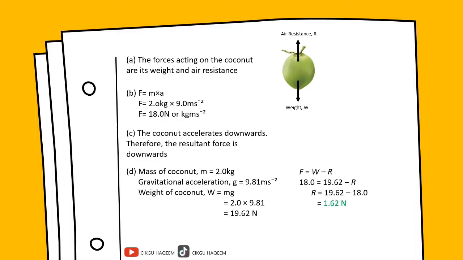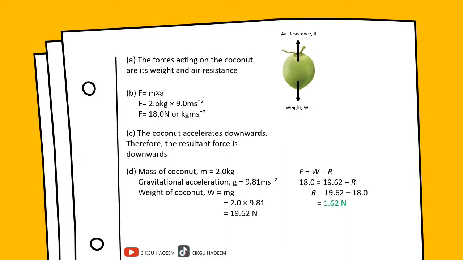Weight is facing downward, following the gravitational acceleration, while air resistance is facing upward because of the resistance from the air. This is what happened to the acceleration of the coconut. The acceleration is only 9.0 meter per second squared, while the gravitational acceleration is 9.81 meter per second squared. The acceleration is reduced because of the air resistance.